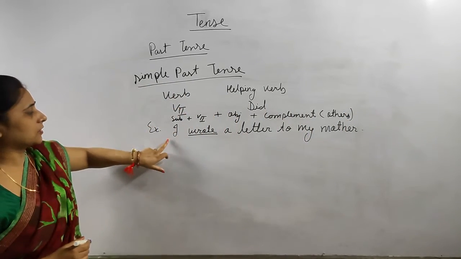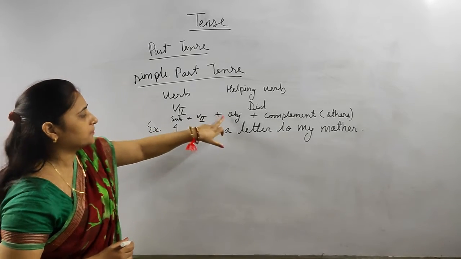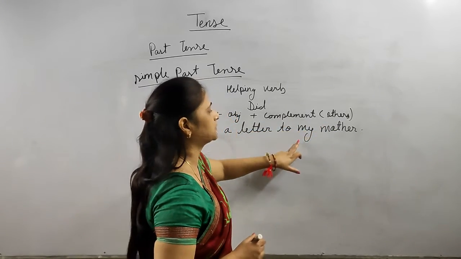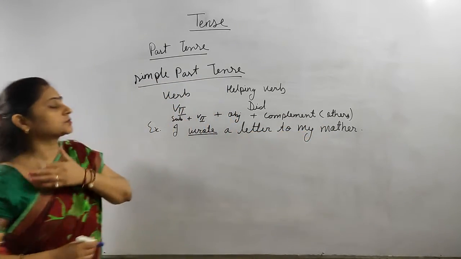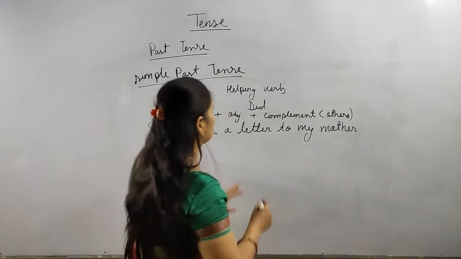So in that way, the subject plus the second form of the verb, then object, then complement and other. Sometimes there are two objects. Already I have explained in the video of the sentence.